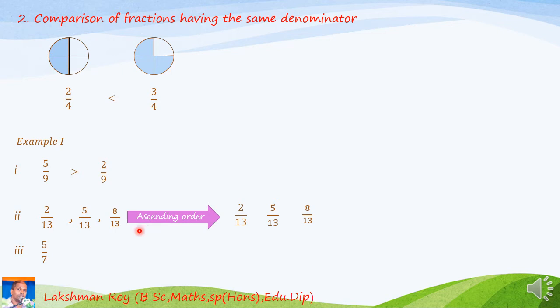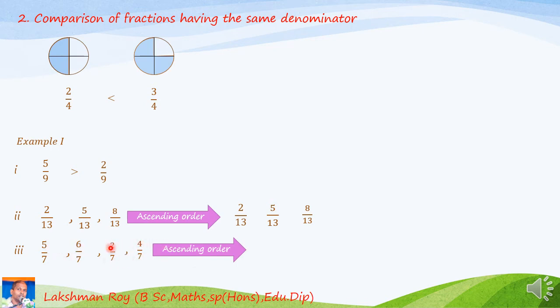See another example. 5/7, 6/7, and 2/7, right? 3 fractions, 7, 7, 7, denominator the same. Another fraction is taken, 4/7. I want to arrange in ascending order, small one to big one. Now you can see all denominators are 7, compare using the numerator.